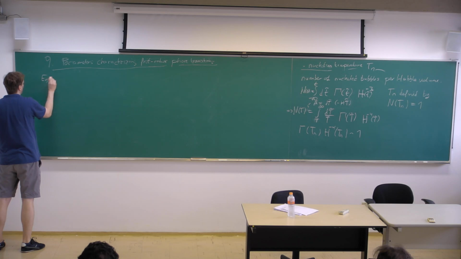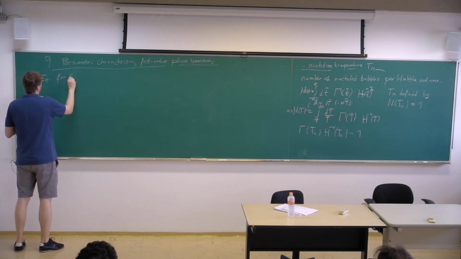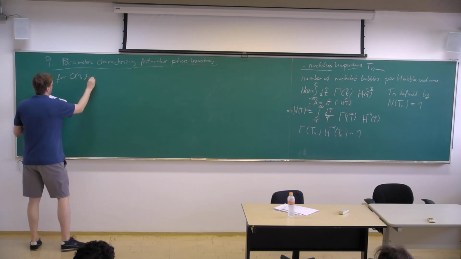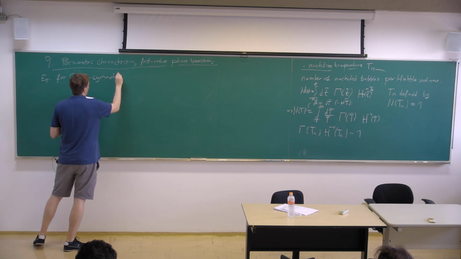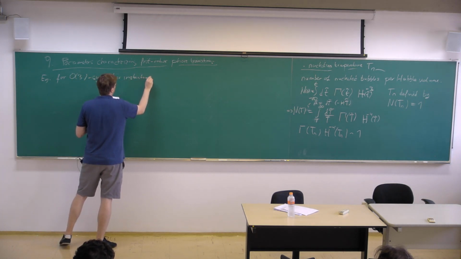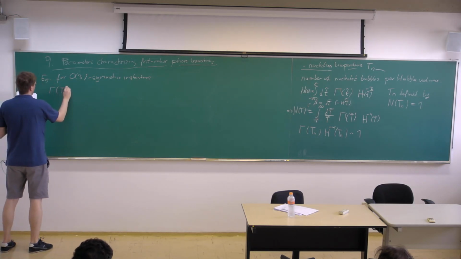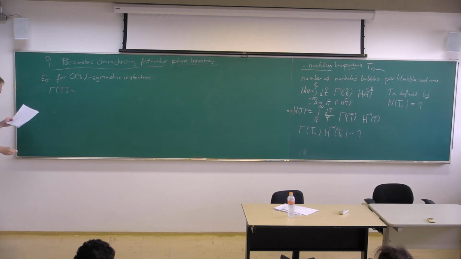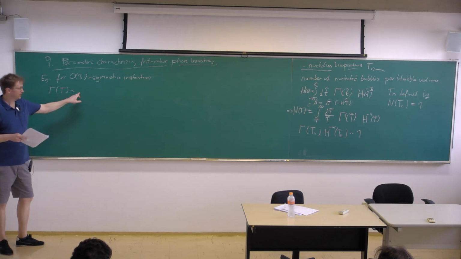So you can turn this into a criterion on your bounce action. For O(3) symmetric instantons as an example, the prefactor is like a functional determinant, and you can make an order of magnitude estimate.